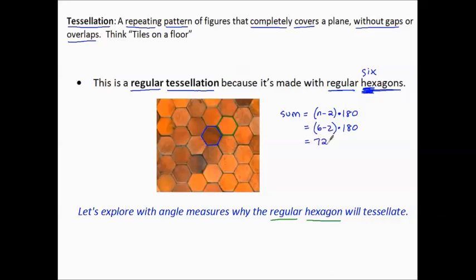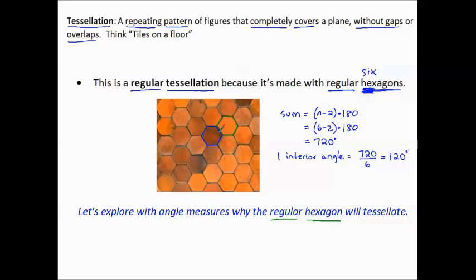or 720 degrees. Now that's the total, all of them added up together, but there are 6 of them that are all the same. So each one interior angle is going to be 720, the total, divided evenly by those 6 interior angles, which makes 120 degrees.